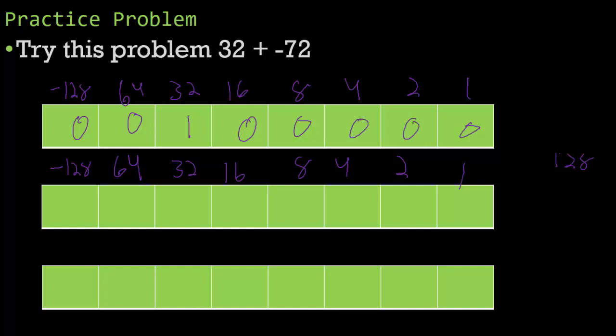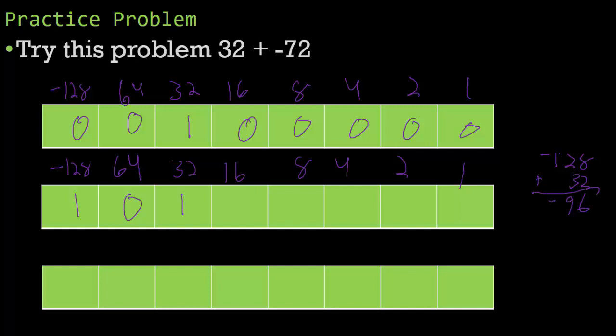All right, negative 72 is a little more complicated. We're going to start with negative 128. It has to start with a 1 because remember we're in 2's complement, which represents a negative number. I can't use 64 because that'll get me all the way down to negative 192, but I can add a positive 32, and that'll get me to negative 96.